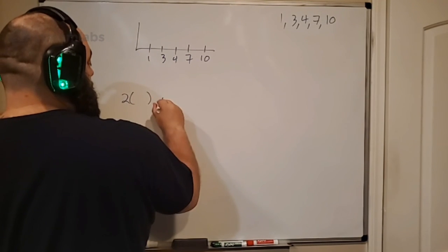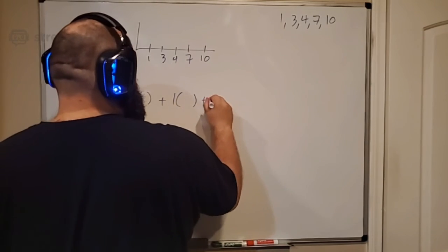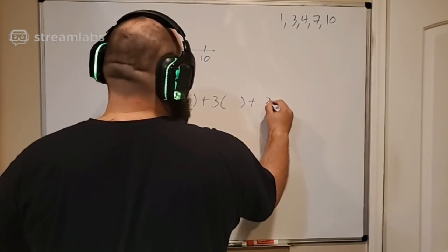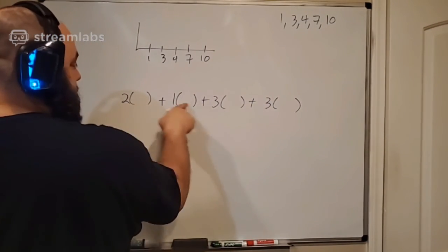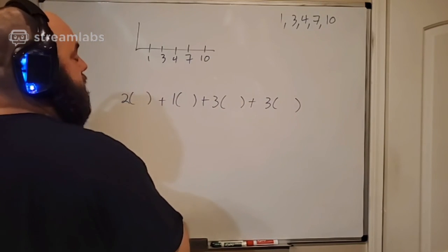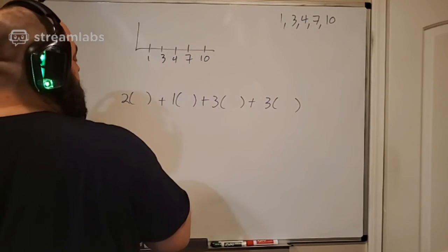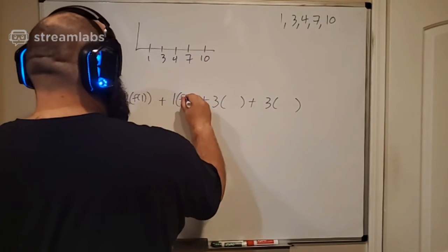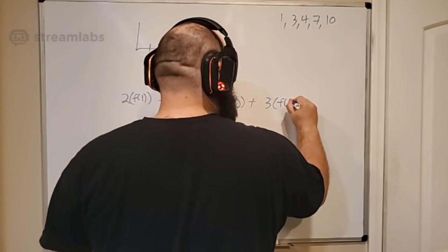Then a width of 3, and then another width of 3. We just need to figure out what goes inside each of these values. Since we're using a left Riemann sum, the left endpoints will determine our heights. So in the first one will go f of 1, then f of 3, f of 4, and f of 7. Use the chart to fill those values in.